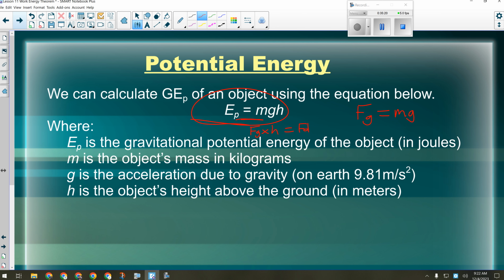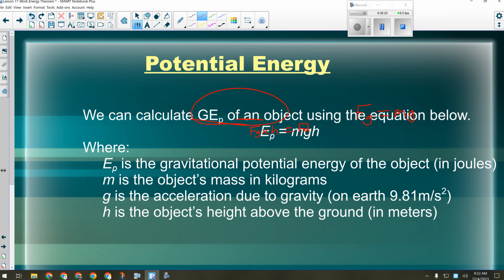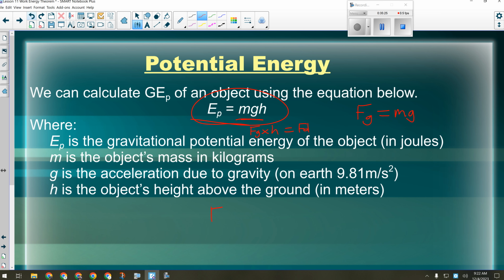My mass is going to be in kilograms, times acceleration, which is in meters per second squared, and distance is in meters. So this is going to be a kilogram meters squared per second squared. That is a joule.